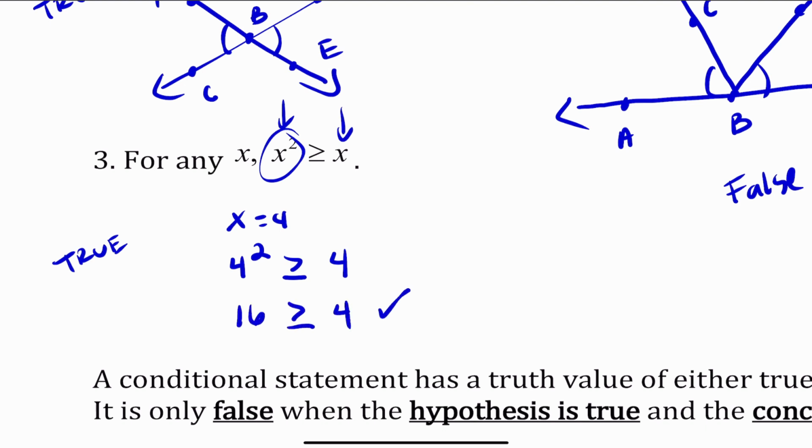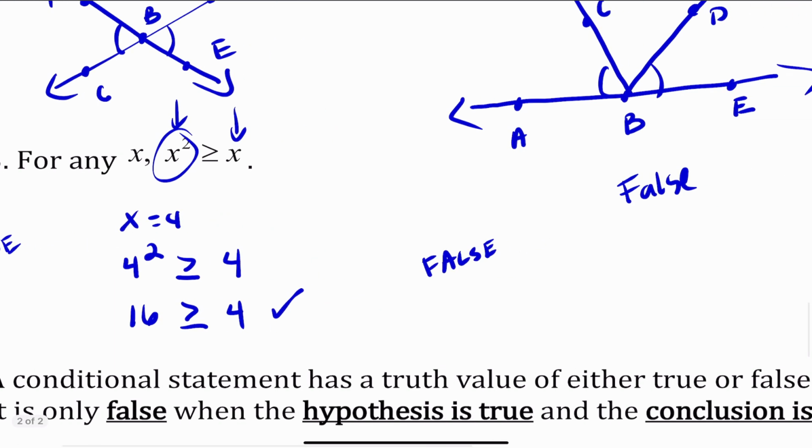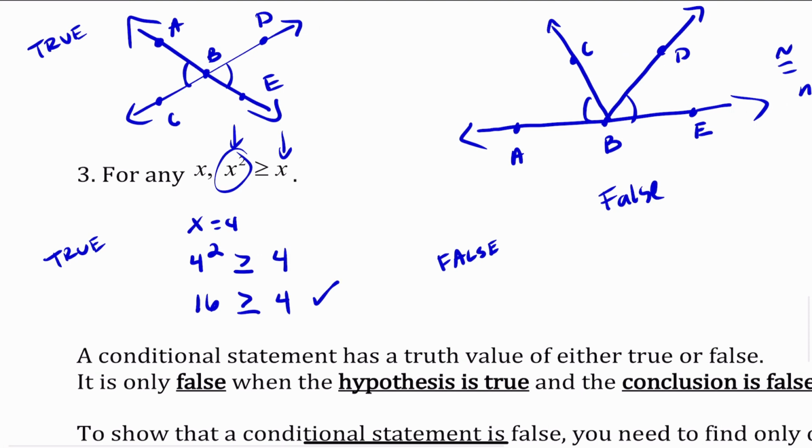Is that true? Yes. But because x can be any number, right? It says for any x, which we can assume true, any x, even a decimal or a fraction, we can say x is equal to 1/2.